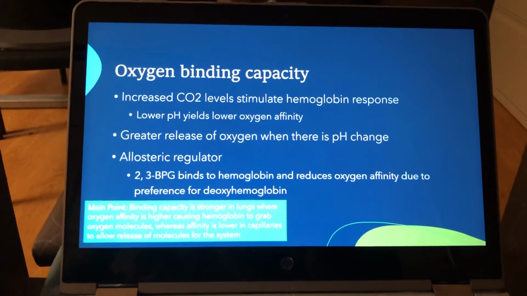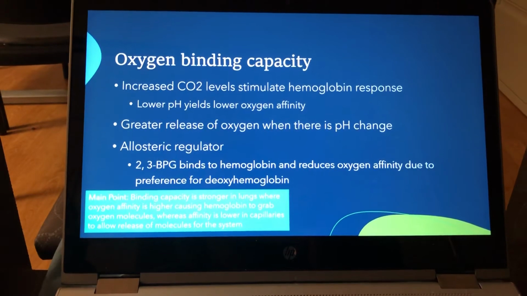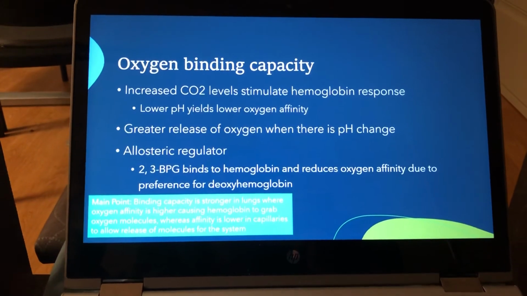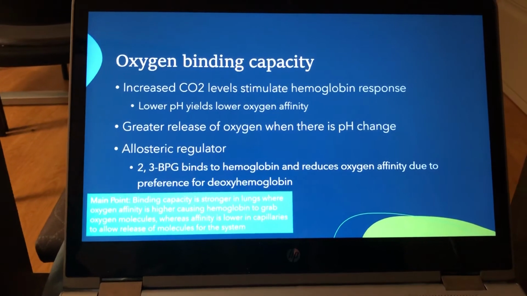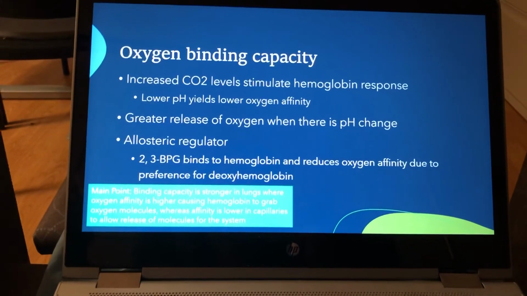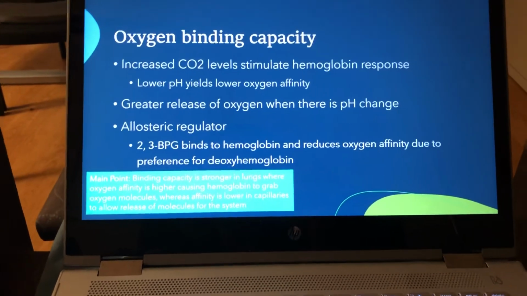Because the 2,3-BPG has such a preference for deoxygenated hemoglobin, it's stabilizing it by reducing that oxygen affinity and causing it to drop off those molecules and become this deoxygenated hemoglobin which it prefers.